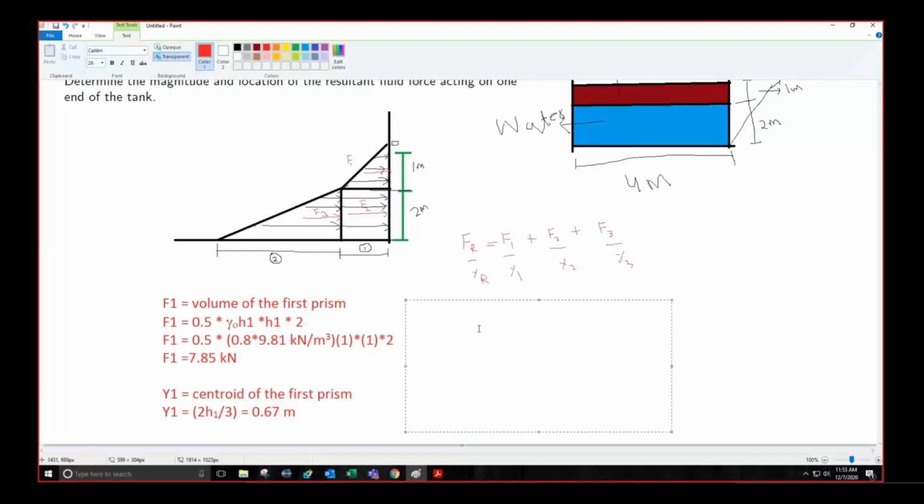For F2, this is equal to the volume of the second prism, which is a 2 dimension, which is a rectangle. ठीक है?